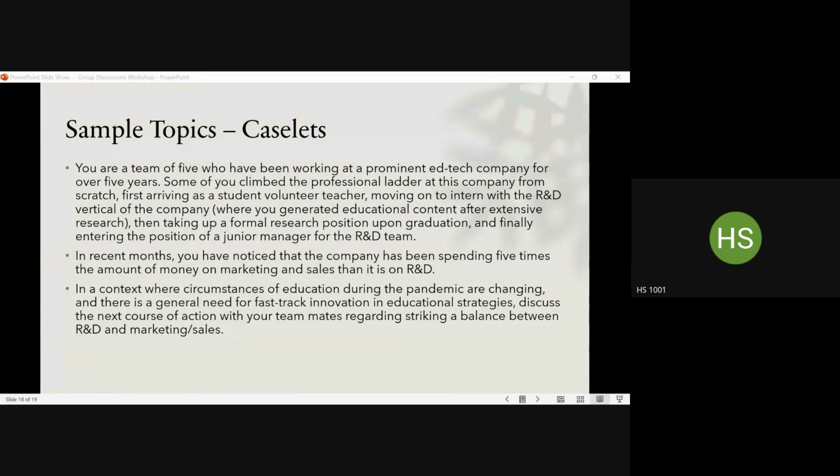Remember, you have a lot of experience. You started as a student volunteer teacher. You went into the R&D vertical. Now you've taken up a formal research position upon graduation. Finally, you are entering the position of a junior manager for the R&D team. So you have a lot of experience. You know how things work. Use all of that experience to argue any 2 arguments.